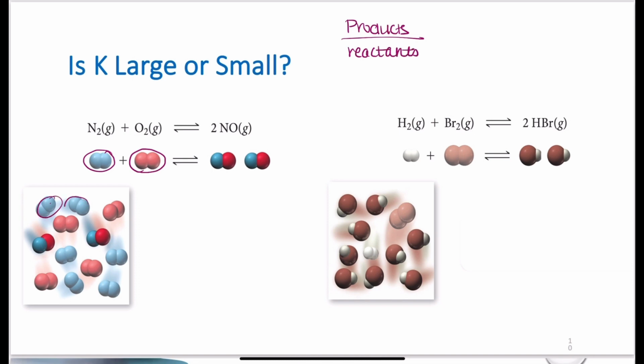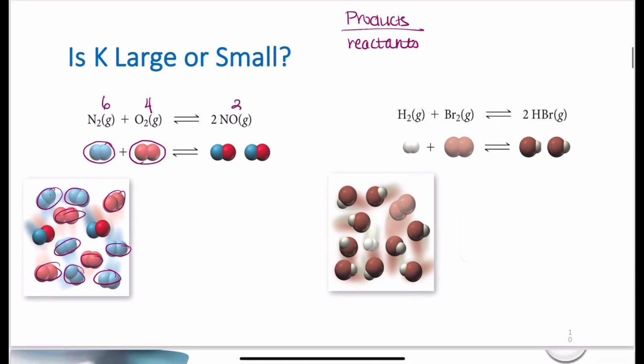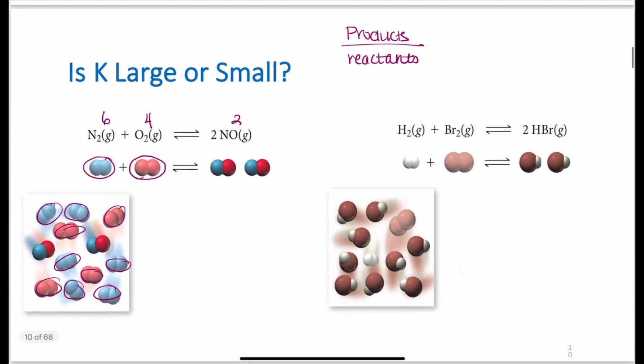I've got 1, 2, 3, 4, 5, 6 N2 gases. I've got 1, 2, 3, 4 O2s and only 2 NOs. Just looking at this, I should be able to say Kc is small.